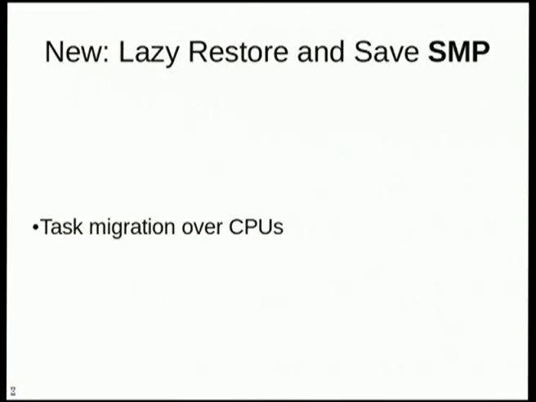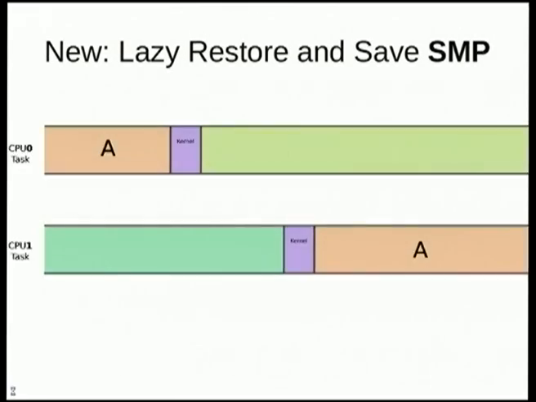What happens if we start migrating tasks from one CPU to another? What do we mean by this? So now we have CPU 0 at the top and CPU 1 at the bottom. CPU 0 starts off running task A and then switches to some other task, doesn't matter what it is.